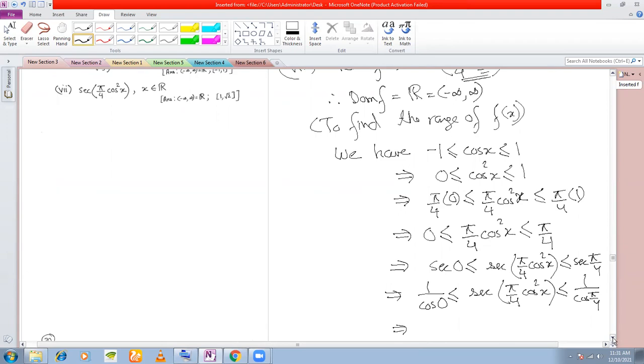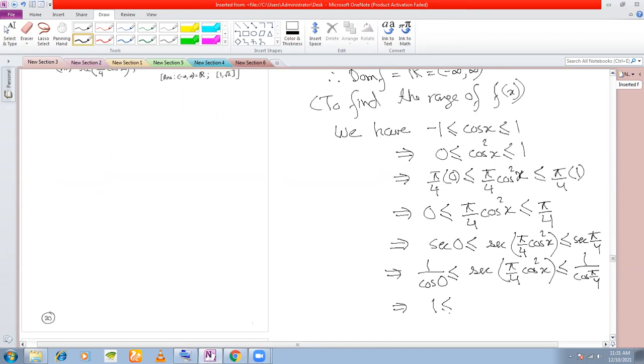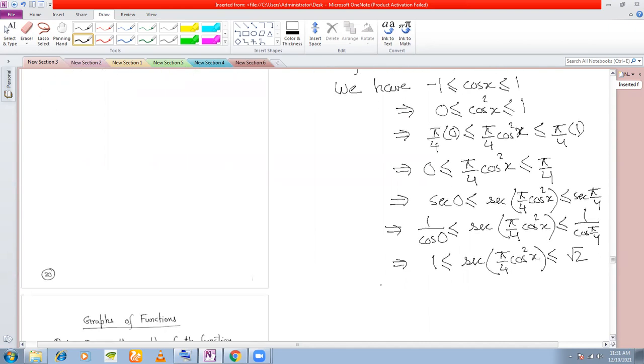And cos 0 is 1, less than or equal to sec of pi by 4 cos squared x, less than or equal to, cos pi by 4 is how much? 1 by root 2, right? So 1 by 1 by root 2 will give you root 2. So if I say let y is equal to sec of pi by 4 cos squared x, therefore this y must lie between 1 and root 2.